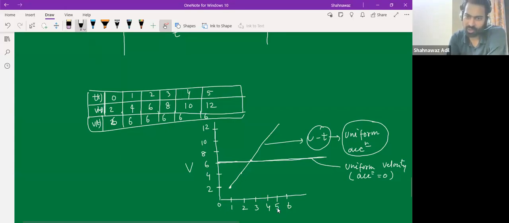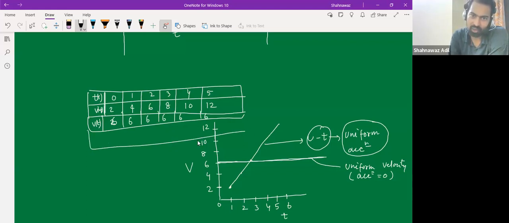So this is about the graph, and then let's say I have this kind of graph. I have just mixed up or messed up the graph, so please forgive me, and you draw the good diagrams. Okay, so meter per second. Let's say this is 2, this is 6, this is 4, this is 8.